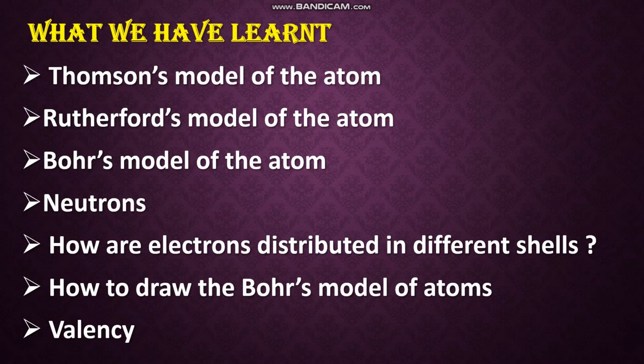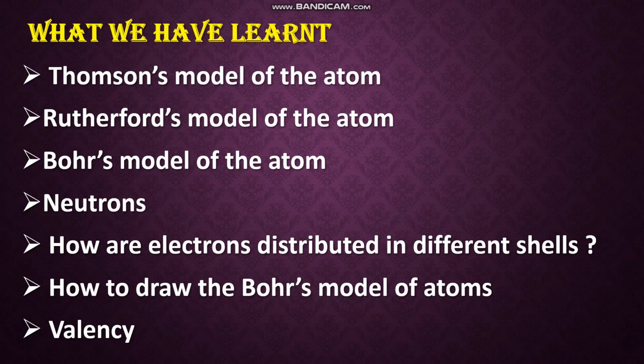How can we find out the valency? If you know the valence electron number, we can find out the valency easily. So to write the valency, you should know how the electrons are distributed in different shells. From that you will get how many electrons are there in the valence shell. In the valence shell, there are 1, 2, 3 or 4 electrons. Valency also the same number.